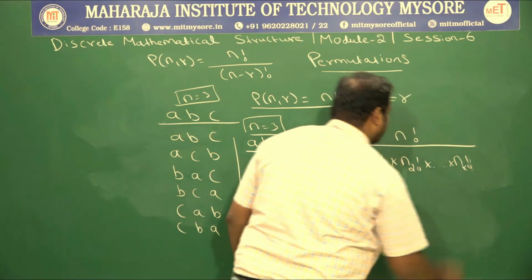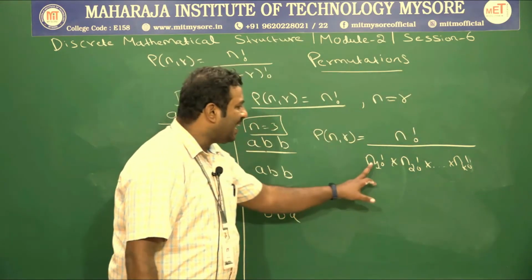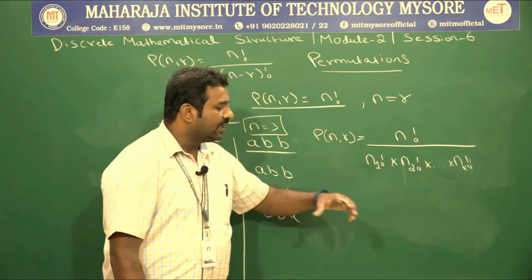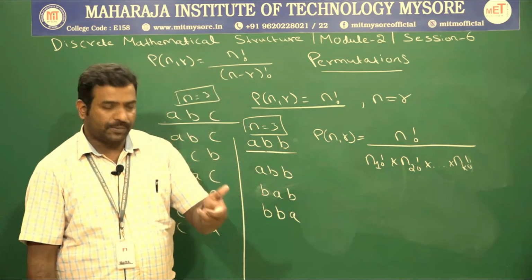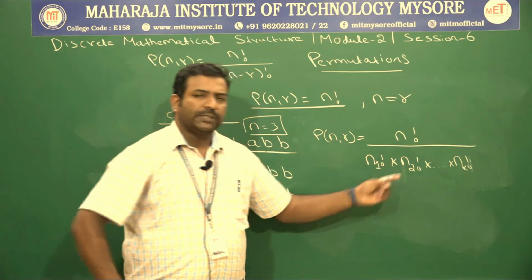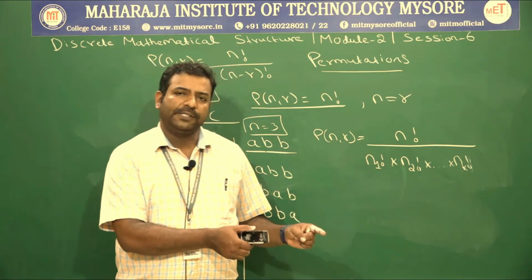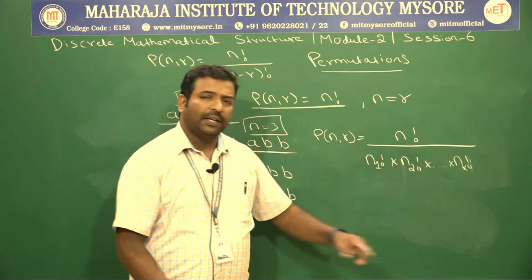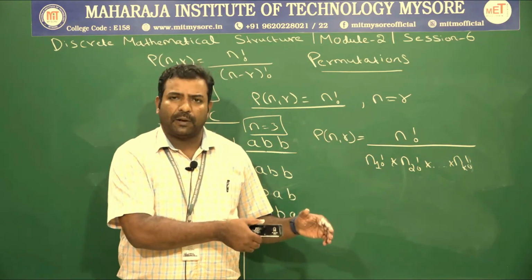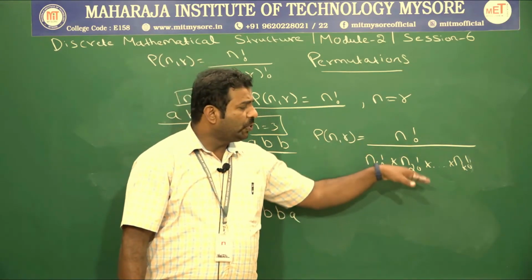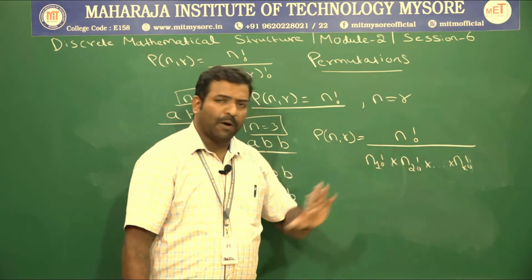Now what is all this? See, when I say n1, it is a group of similar objects. n2 is second type of similar objects. n3, the next type of similar objects. So on, you should be able to draw 6 type of objects.